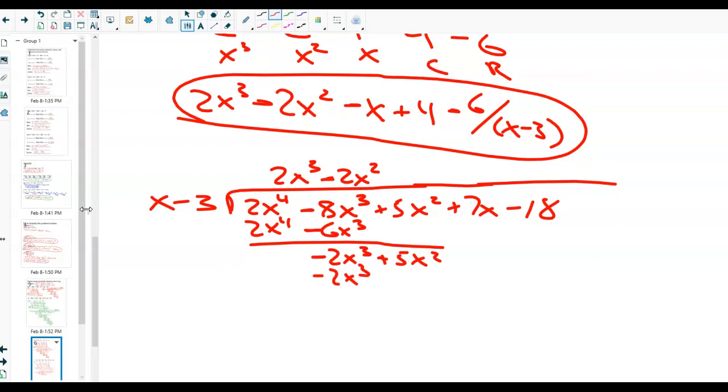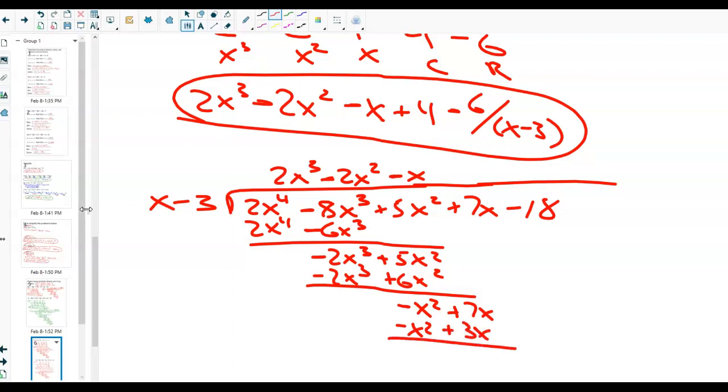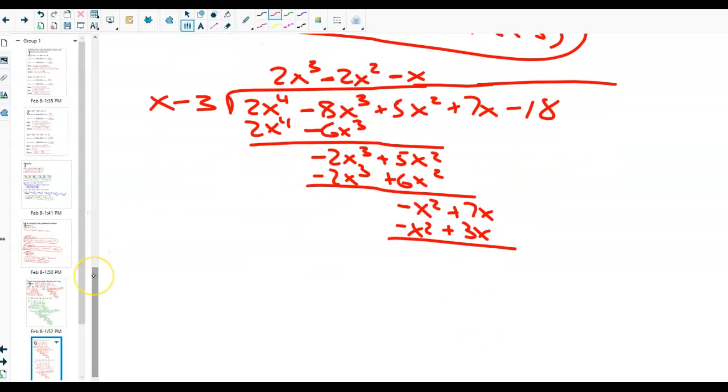So now I have negative 2x cubed plus 6x squared. 5 minus 6 is negative x squared. Bring the 7x down. What times x gives you negative x squared? Minus x. We have negative x squared plus 3x. 7x minus 3x is 4x.